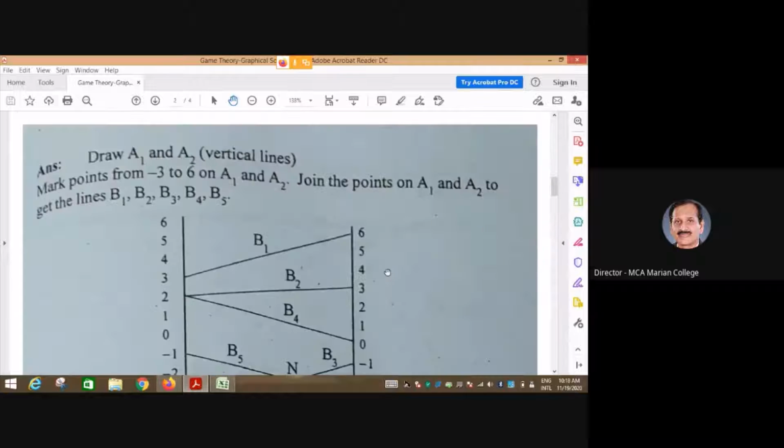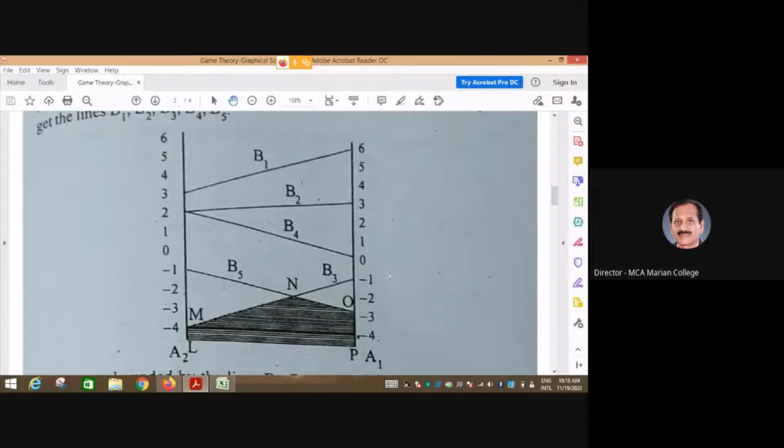And also we will draw 2 vertical lines representing strategies of A1 and A2. Those who want to do the problem along with this session, you can draw the lines. There are 2 lines drawn here, one representing strategy A1, the other representing strategy A2.